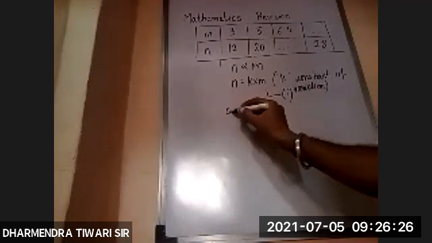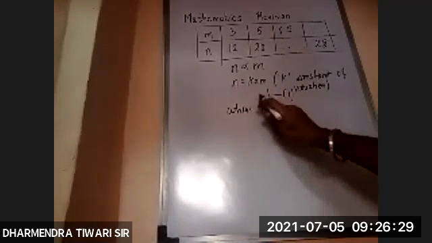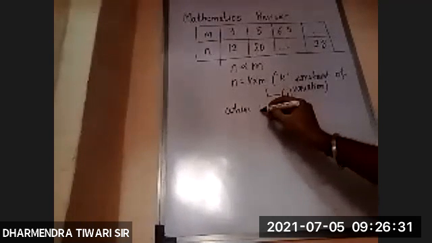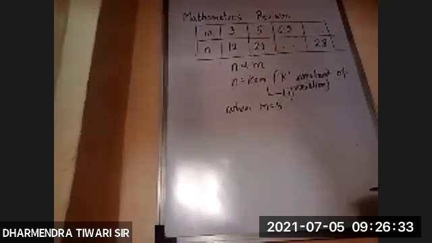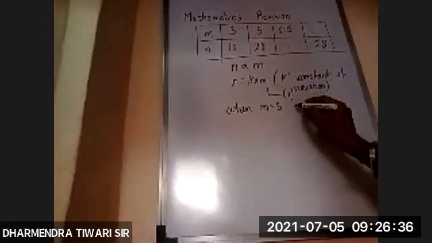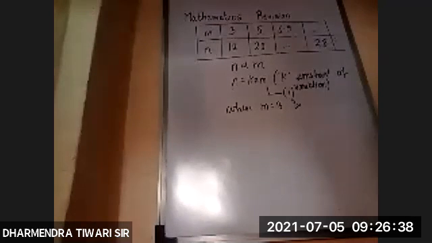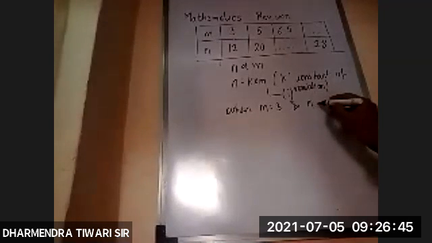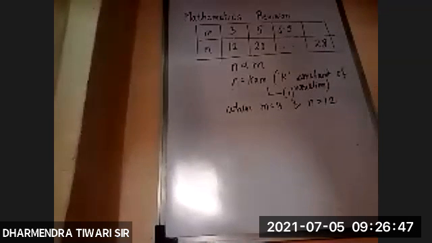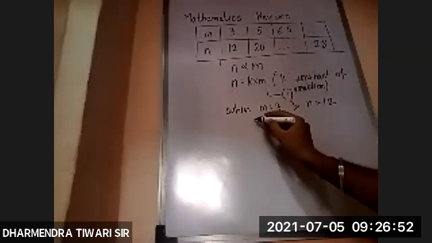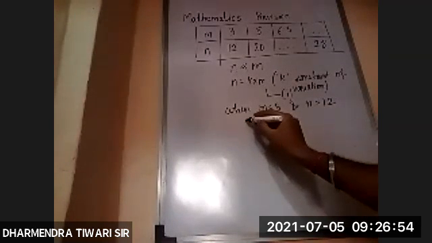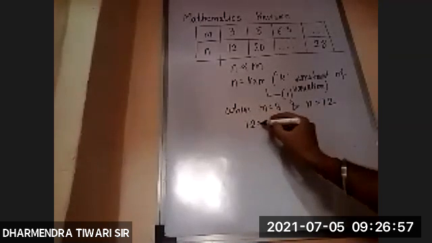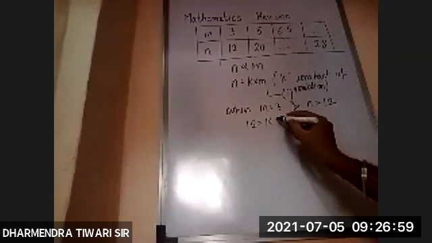When M is equal to 3 and N is equal to 12, from equation number 1, 12 is equal to K into 3.